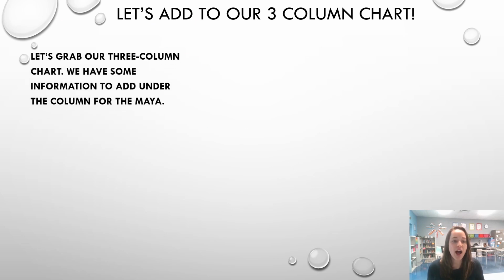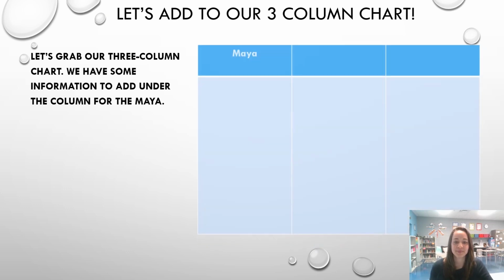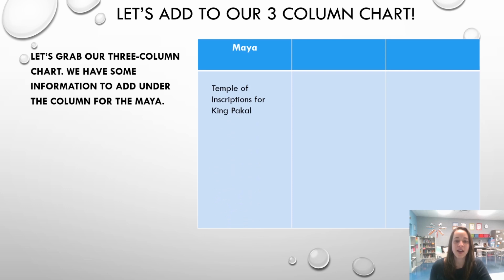Let's grab our 3-column chart. We have some information to add under the column for Maya. First, let's add Temple of Inscriptions for King Pakal. Next, let's add ruler at 12 years old.